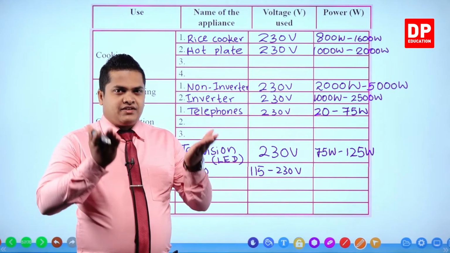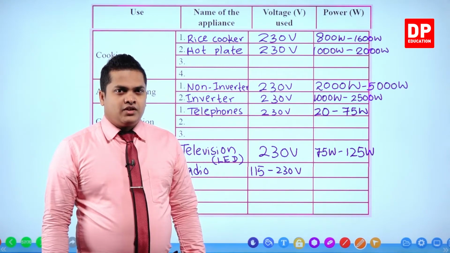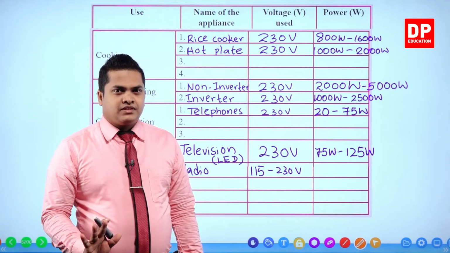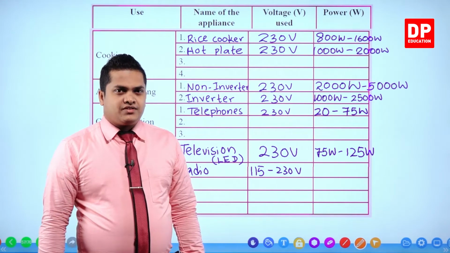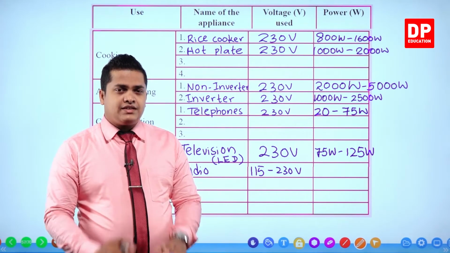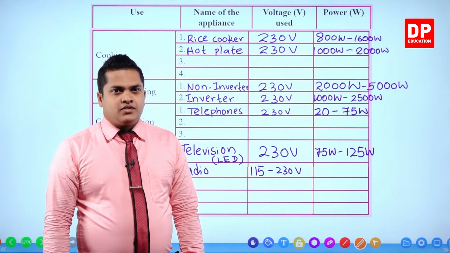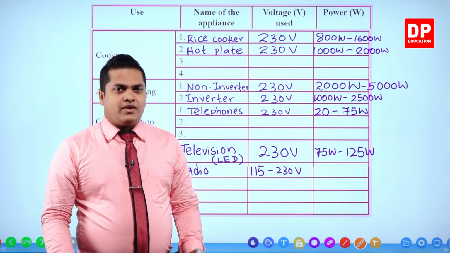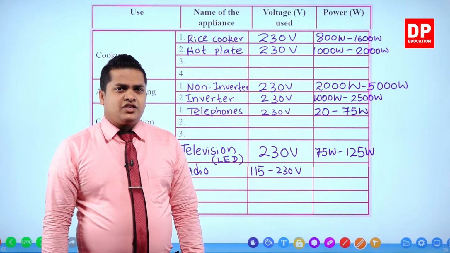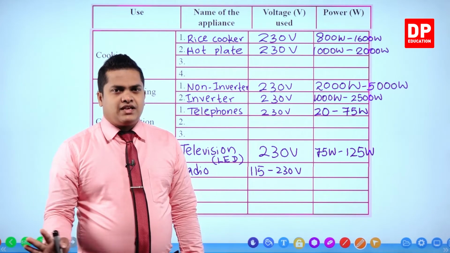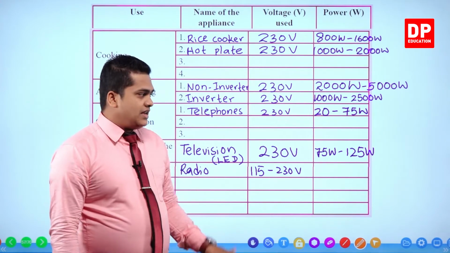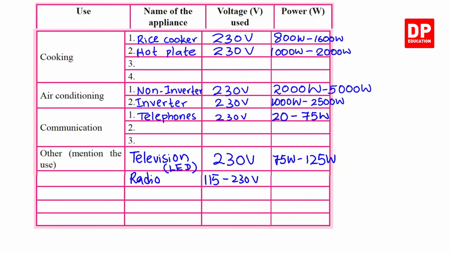You can lift it quite easily. LCD televisions. Then after that, in recent years, LED televisions were invented. Those are very lightweight, and the electrical energy used by those televisions is very little, right? So that is the value for LED televisions.